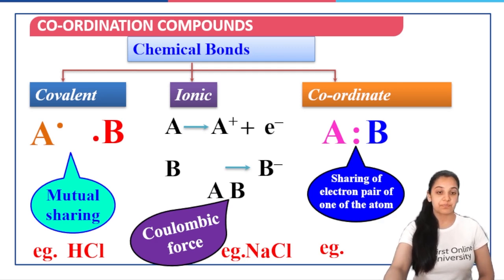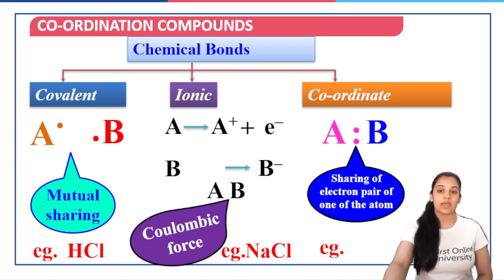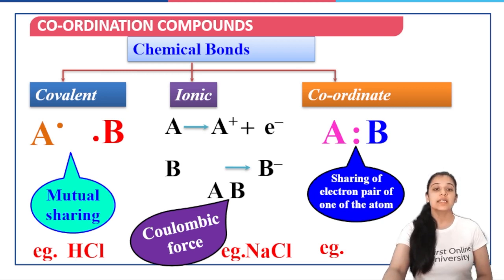Then in the case of ionic bonds, NaCl is a very good example, where Na plus and Cl minus combine to form an ionic bond, which we call common salt, right?